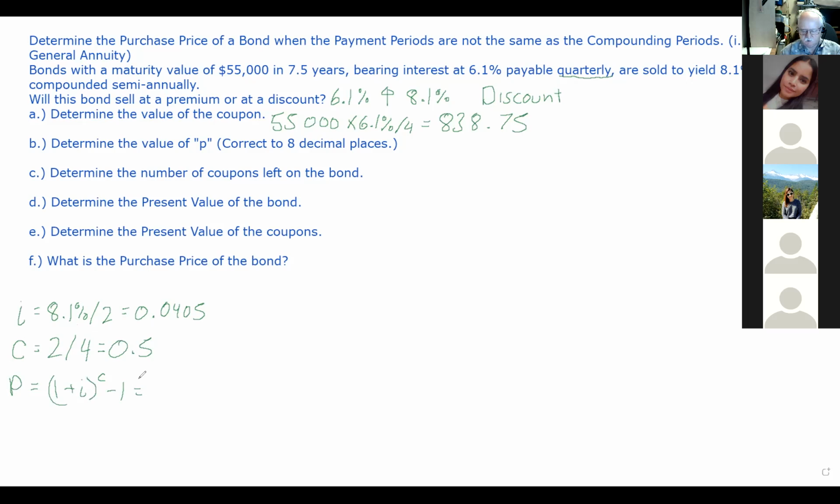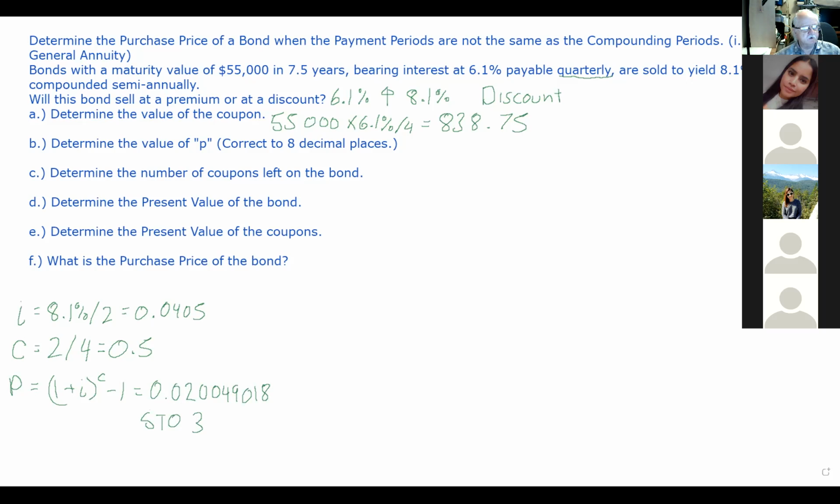So recall 1 plus 1, y to the x, 0.5, minus 1, and I'm getting 0.020049018, and store that in register 3 or whatever register you want.